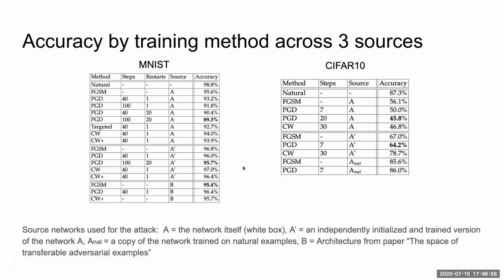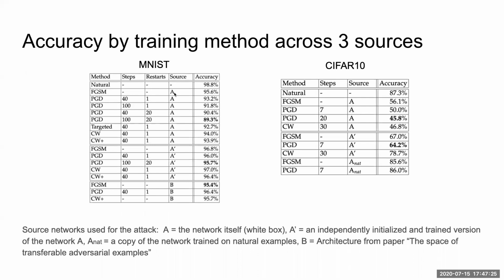So what this slide does is it specifies in the source column different source networks used for an attack. Of course, we've got two charts here, one based on the MNIST data, one based on the CIFAR-10 data.